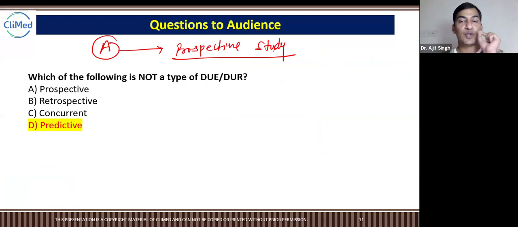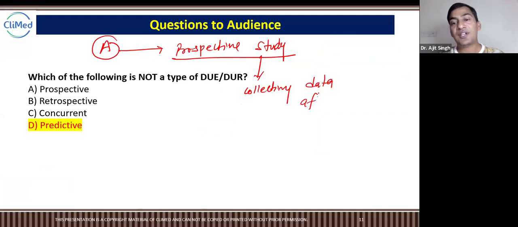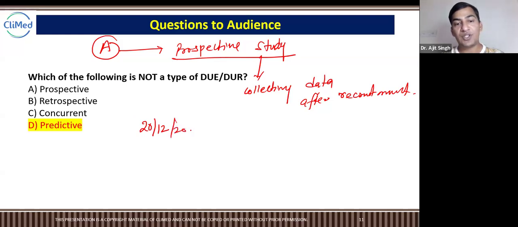Prospective study means you are collecting the data after recruitment. For example, this patient A has been admitted to the hospital in December 2024.